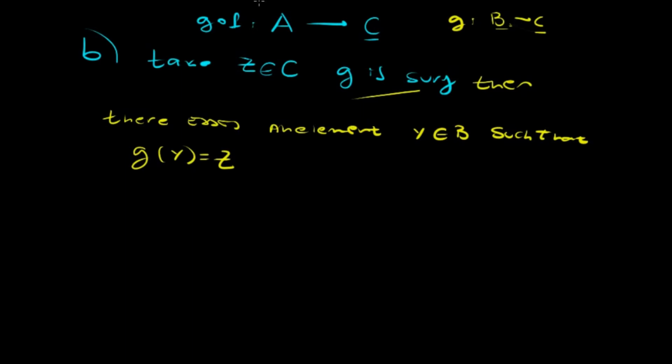Because now f was a function that grabbed elements of A and took them to elements in B, and it was surjective.